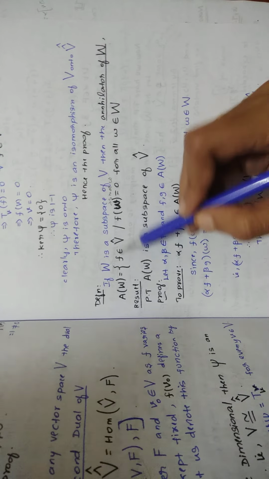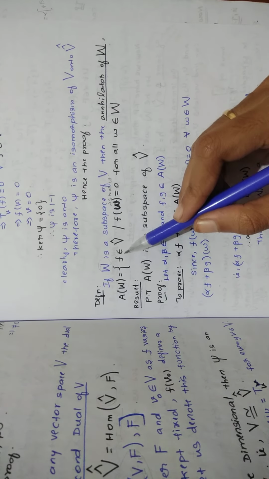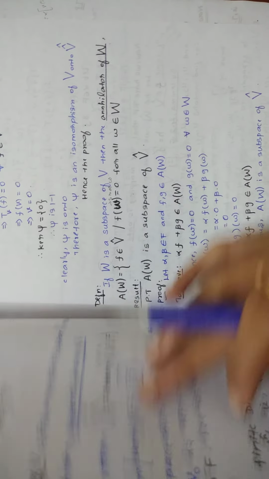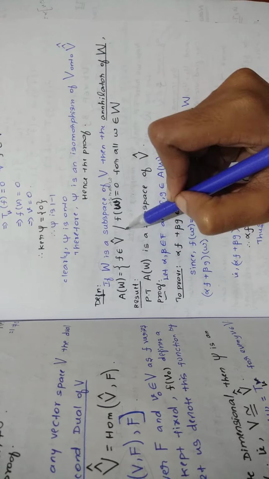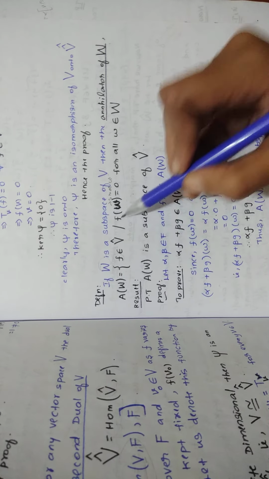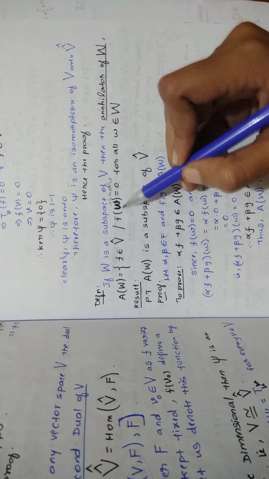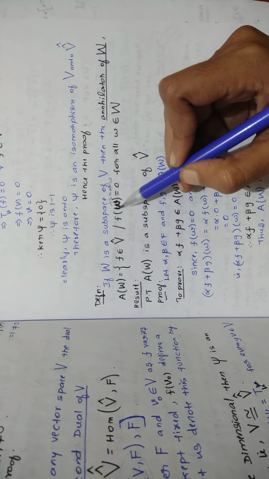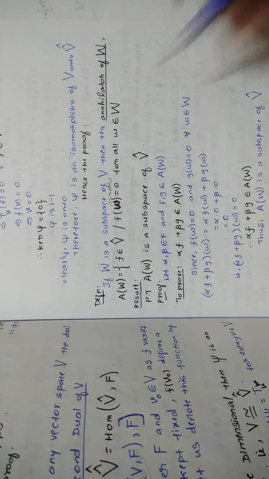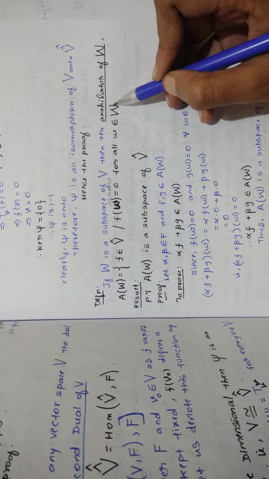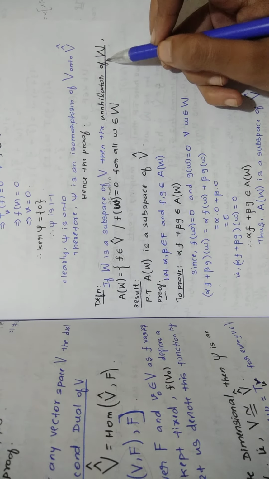A of W should be like this, that is A of W is equal to F belongs to V cap, that is from V cap you have to choose an element, that is F, such that it's a function, so F of w, small w equal to 0. For all this you have to choose this small w, the small w is an element from capital W. So this is the definition of annihilator of W.